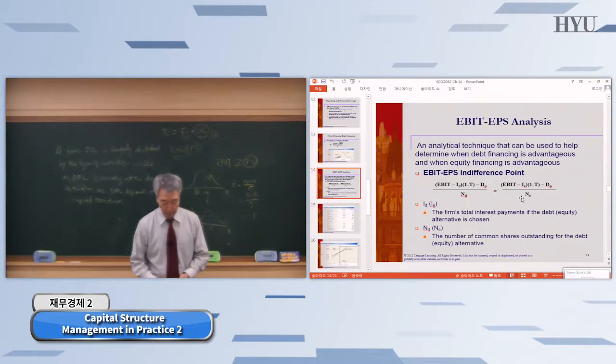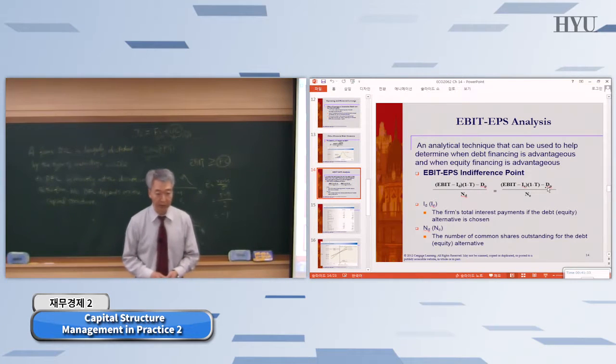Okay? Make sure you understand that. So you can use this equation and just plug in all the numbers. The current number of shares, and for NE, this will be current number of shares plus additional shares that are going to be issued. And then the preferred dividend. Well, if the company does not have any preferred stock issued, then DP will be, of course, 0.